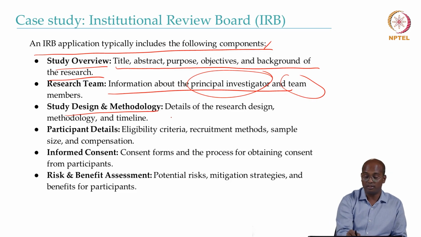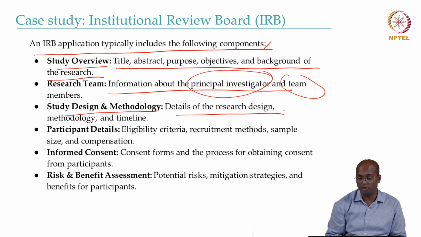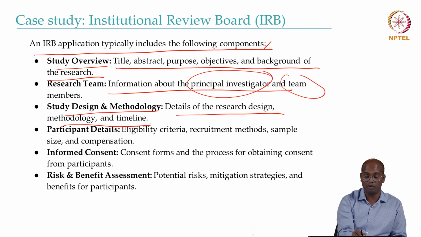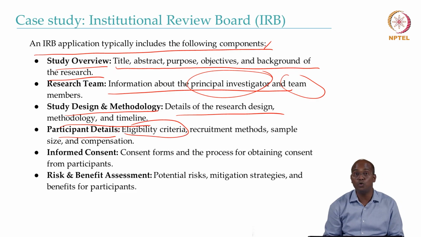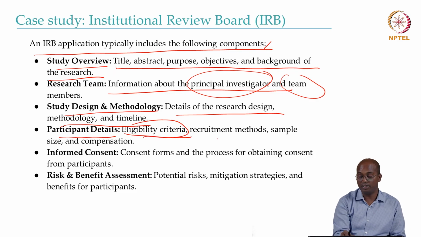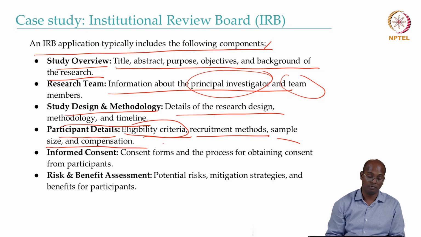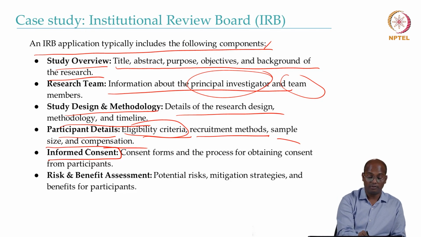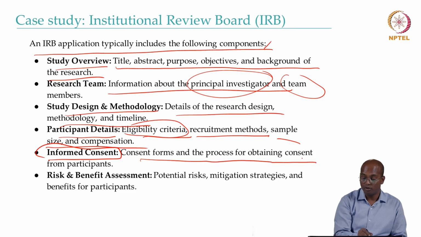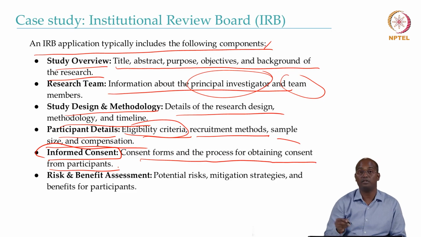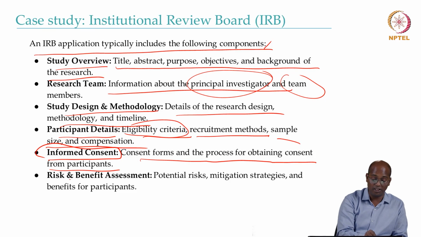Study design and methodology, so more information about the research design, methodology, and the timeline that you have in mind. Participant details, their inclusion and exclusion criteria, eligibility criteria, recruitment methods, sample size and the compensation. It is very important to have informed consent, so the consent form and the process for obtaining consent from participants need to be mentioned in your IRB application.